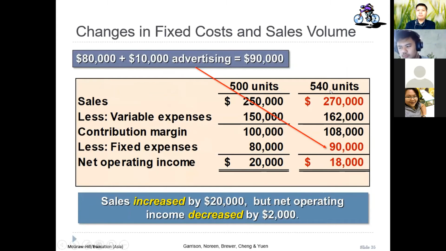Here, what happens? 540 times 500 and 540 times, magkano yung variable rate natin per unit? Is it 300? Ayan. 300. So you get 162,000. So you should know if anything changes here, pwedeng mag-iba yung quantity, yung selling price, yung variable rate, or yung fixed expense. And you just do this. Okay, Excel is your friend.